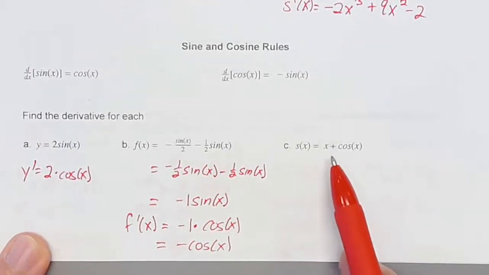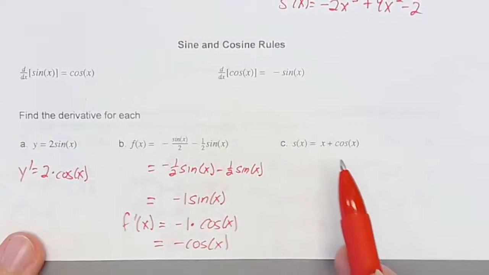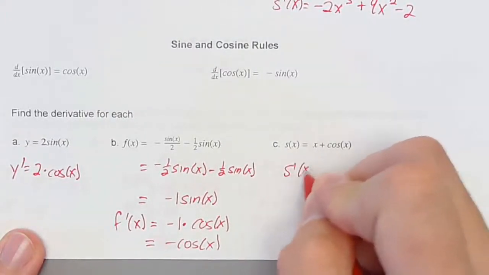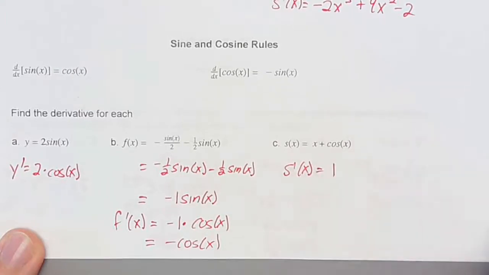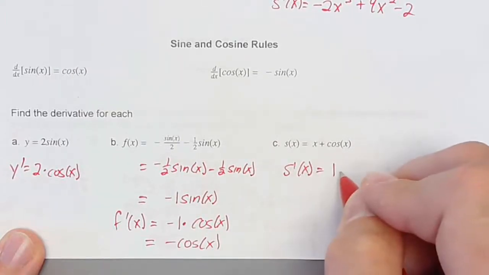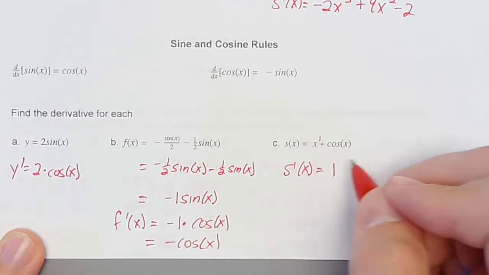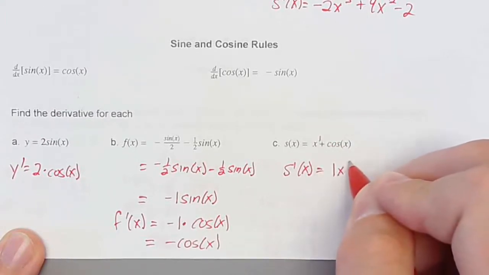For s of x here, we're going to do the sum rule. So the derivative of x is 1. Remember, this is x to the first, so 1 times x to the 1 minus 0, or 1 minus 1 is 0.